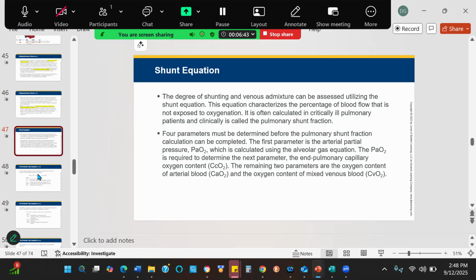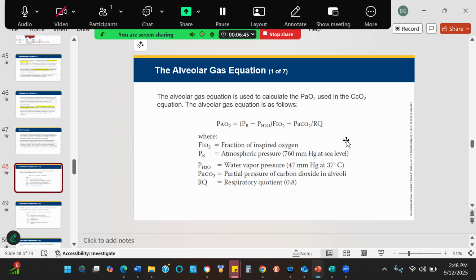But this next piece, the alveolar gas equation, you will need to do. You will need to know that formula for sure. I'm surprised that it's in our very first course, but it's awesome because that'll give you a head start for the future. And there it is.